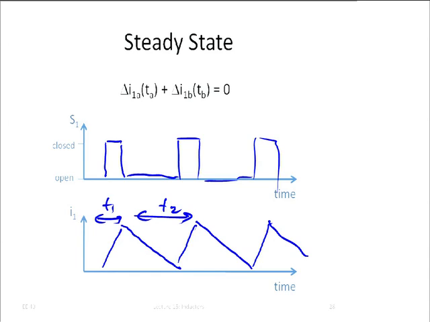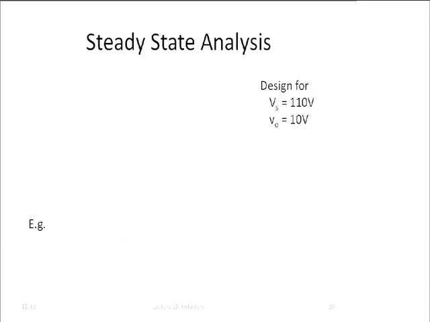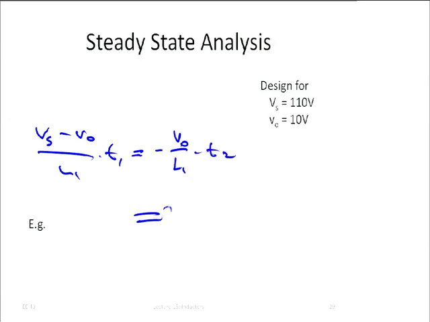Now we actually can solve. The delta I1 is equal to this times T1, and that must be equal to the delta I2 times T2. And out of this, we get V out over Vs equals T1 over T1 plus T2.